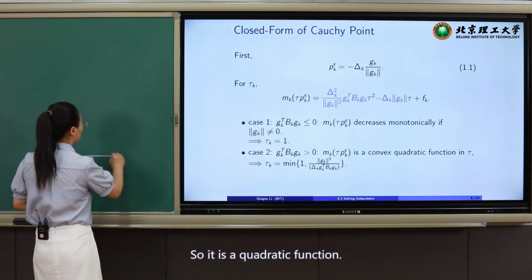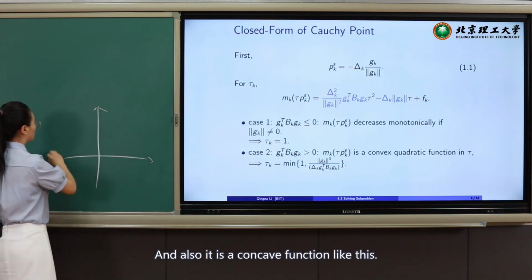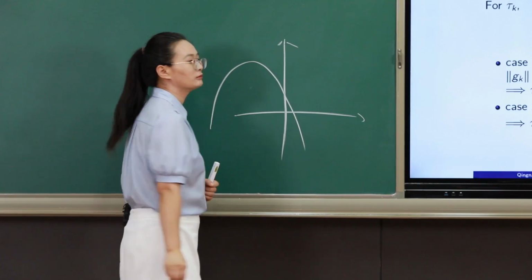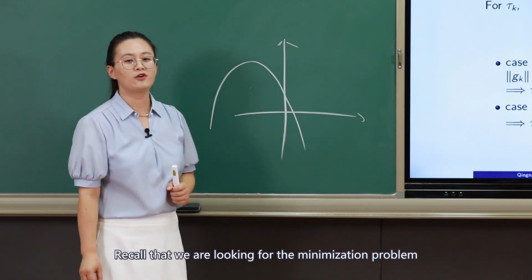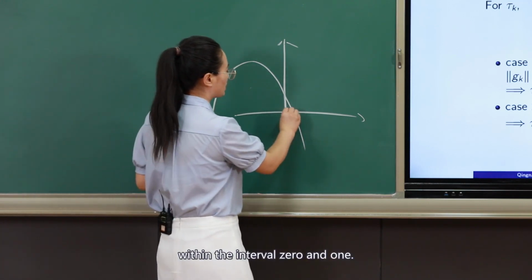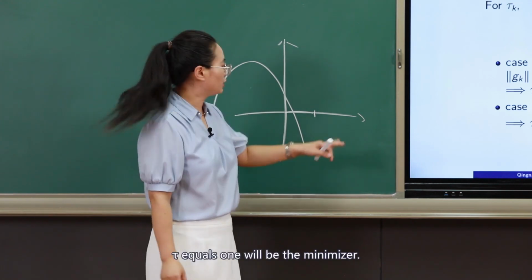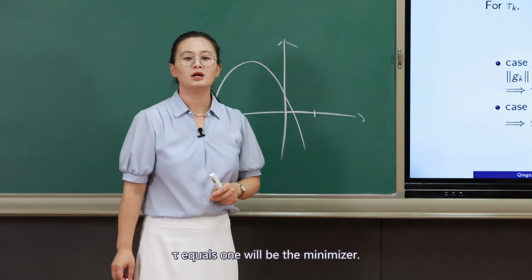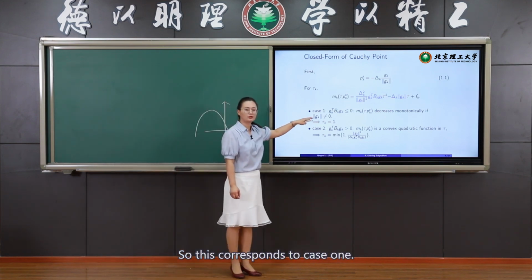It is a quadratic function and also a concave function like this. Recall that we are looking for the minimization within the interval 0 and 1. So in this case, tau equals 1 will be the minimizer. This corresponds to case 1.